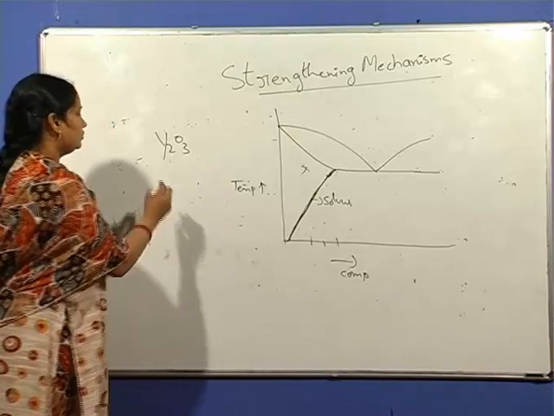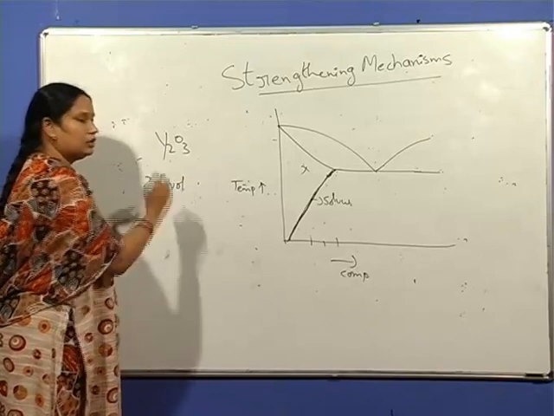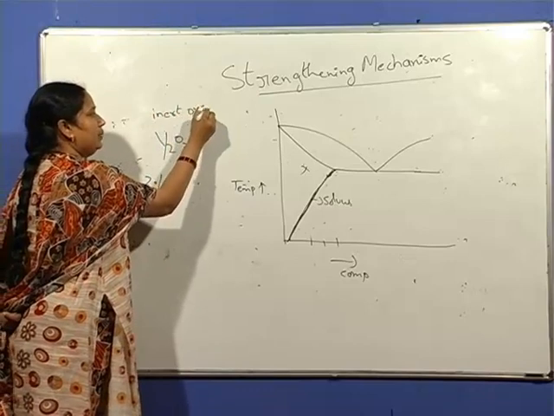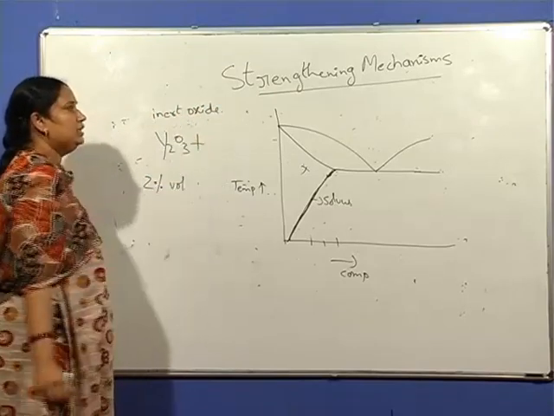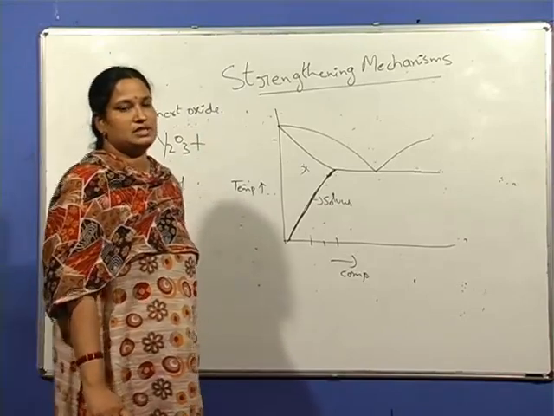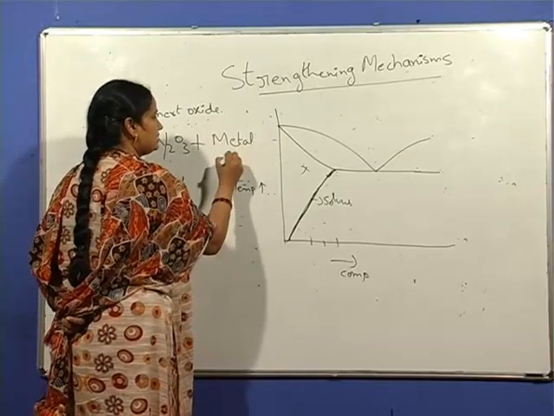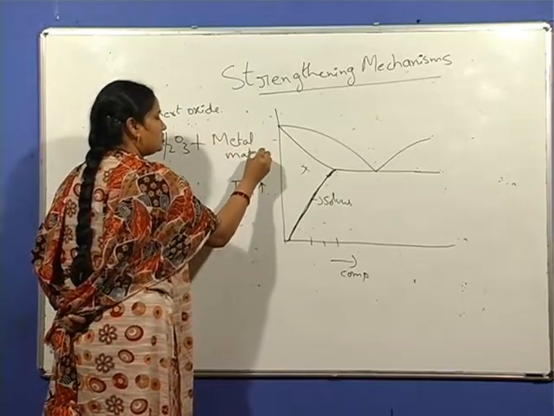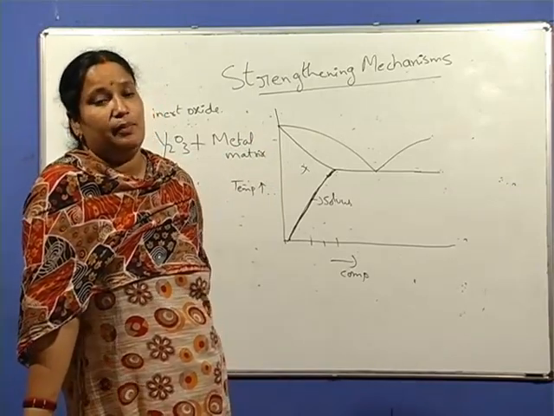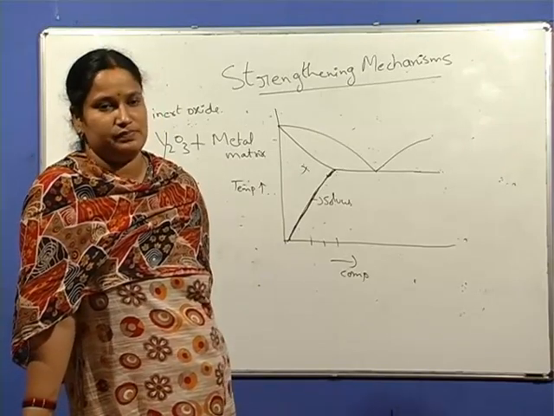About 2% of volume of these inert oxide particles are mixed with metal matrix powders, and they are compacted and consolidated by powder metallurgy techniques or powder metallurgical routes.